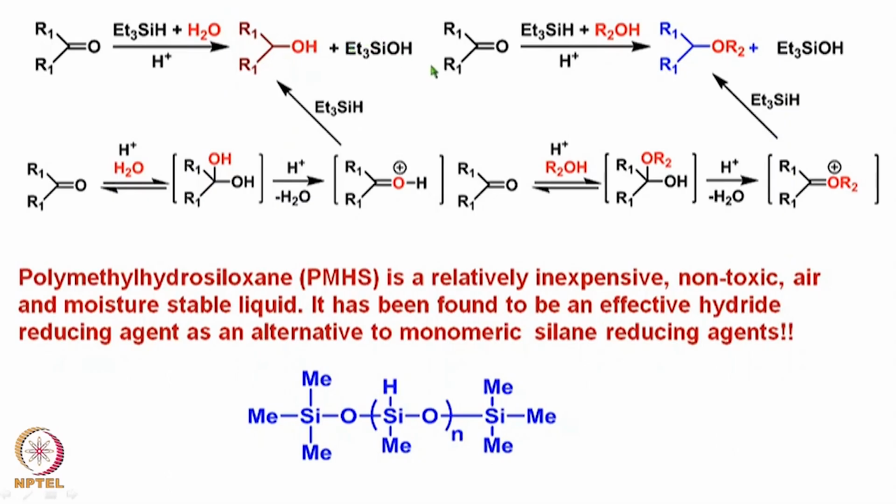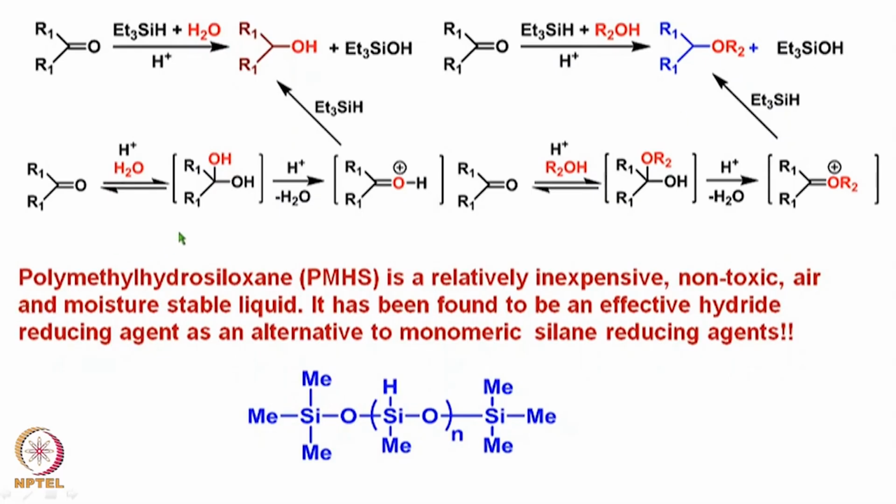And in a similar fashion, if we take the ketone and reduce in the presence of an alcohol like R2OH, then under acidic conditions with triethylsilane, what we get is the corresponding ether, and again triethylsilanol comes out as the byproduct.